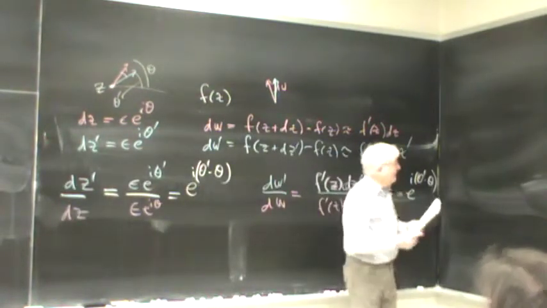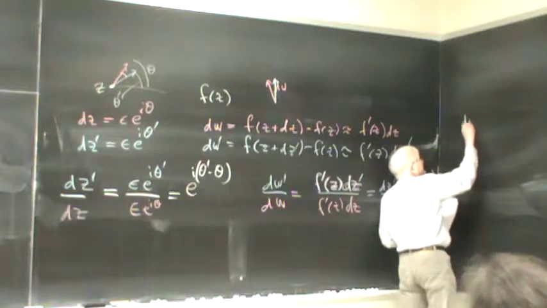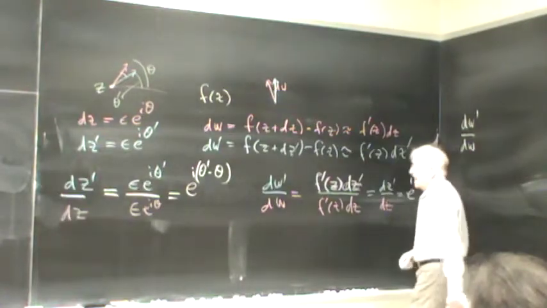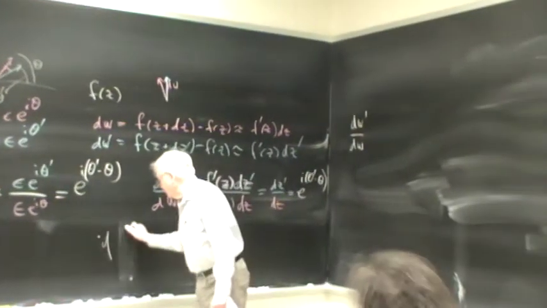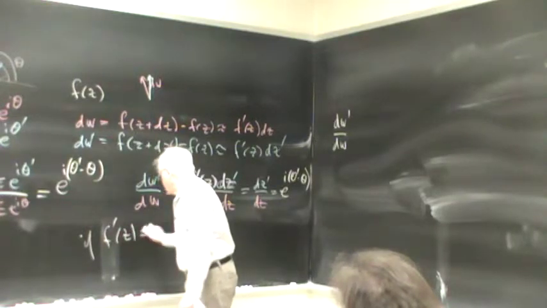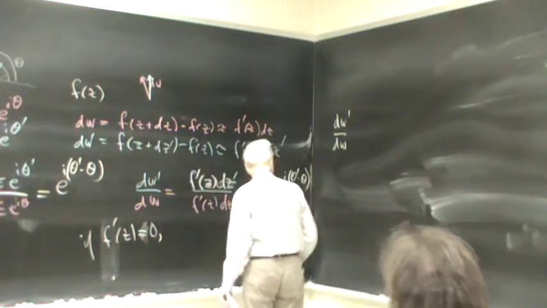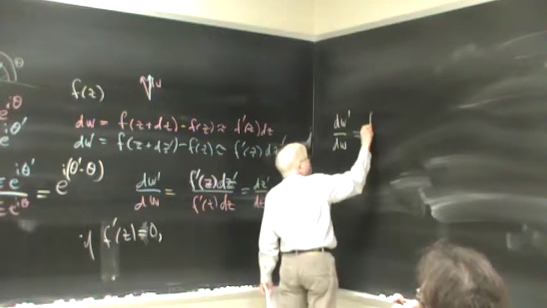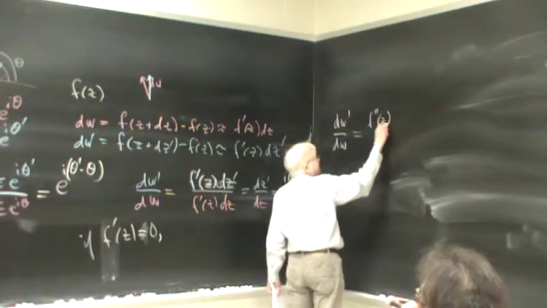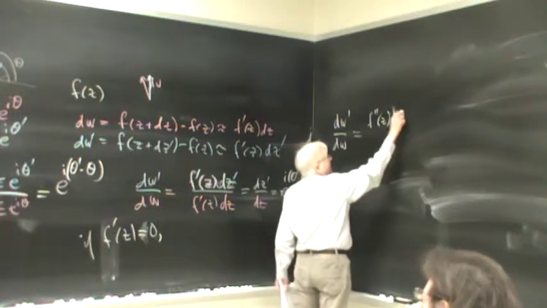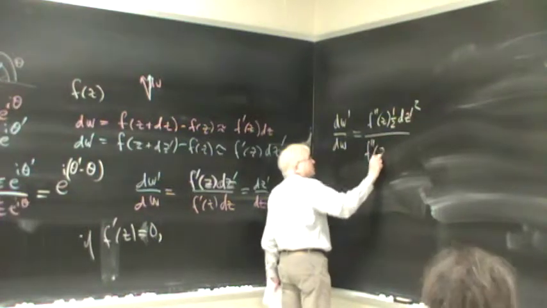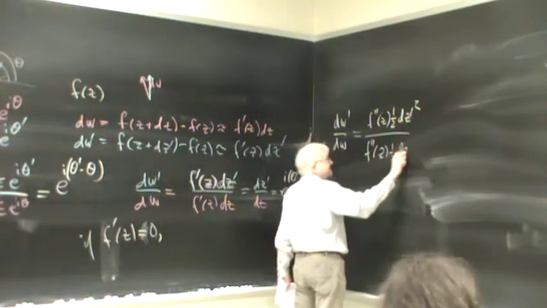So if we repeat the calculation, but now for the case in which f prime of z equals 0, then dw prime over dw is going to be f double prime of z times a half dz prime squared, and we're dividing by f double prime of z times a half dz squared.